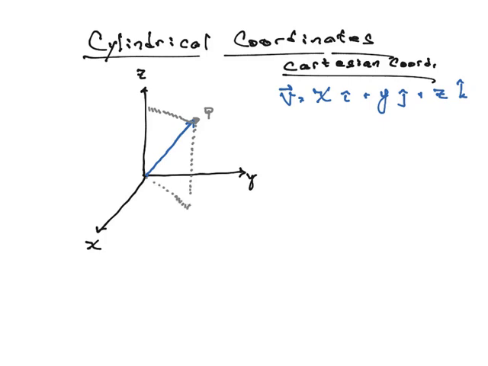And we could project that point P into the xy plane. So we have a certain amount in the x direction, a certain amount in the y direction. Right, there's your y amount. Here's your x amount. And here is your z amount.